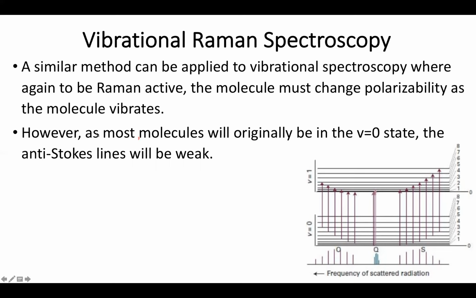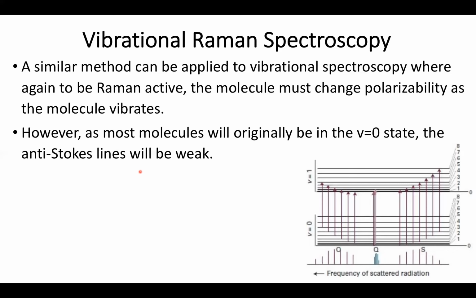So you tend to not frequently see anti-Stokes lines for vibrational Raman spectroscopy. But my vibrational states are still going to be linked to my rotational states, so a lot of the analysis of vibrational Raman is focused on vibrational-rotational coupling.